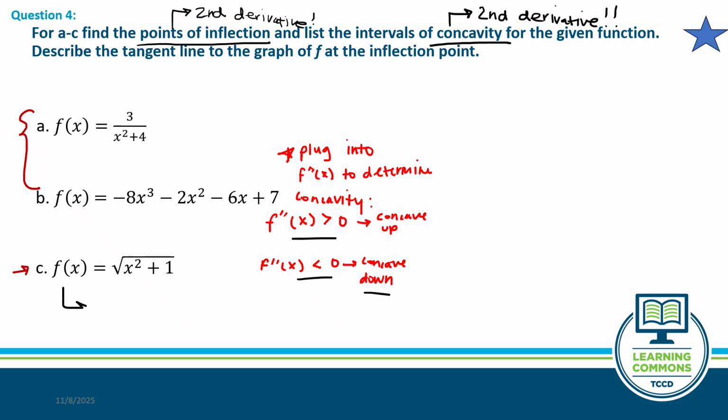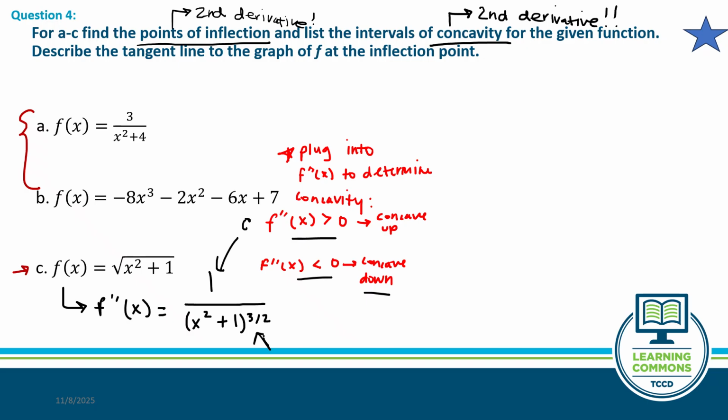Okay, let's go. I'm just going to give you the second derivative to make my life a little bit easier. That's going to end up being 1 over x squared plus 1 to the 3/2. Okay? Again, now here we are at an impasse because I have places, technically, where I could set the denominator equal to 0 and it might not exist. But my numerator is just a 1.